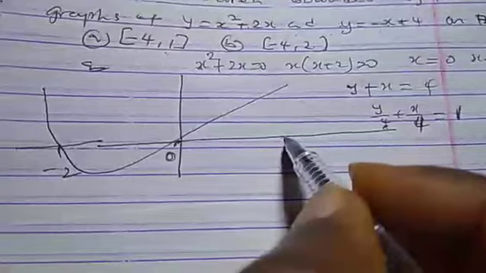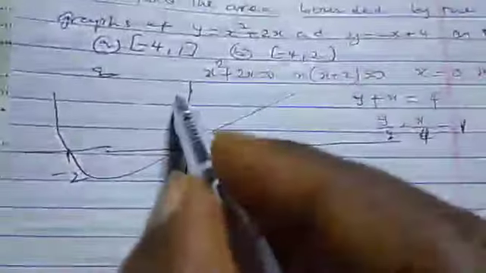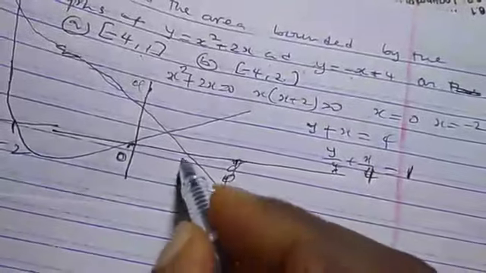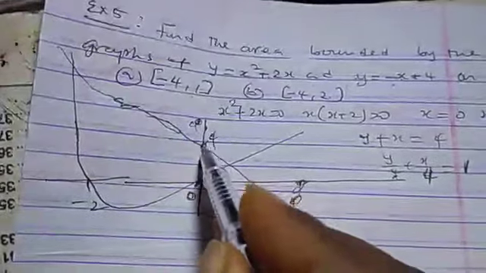Let's say this is 4 as well. So the straight line will be here. Don't mind my drawing. It's just a sketch.